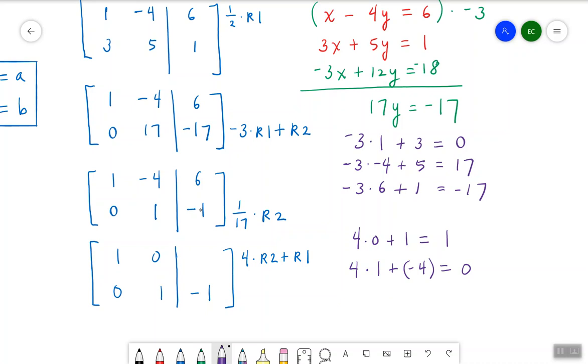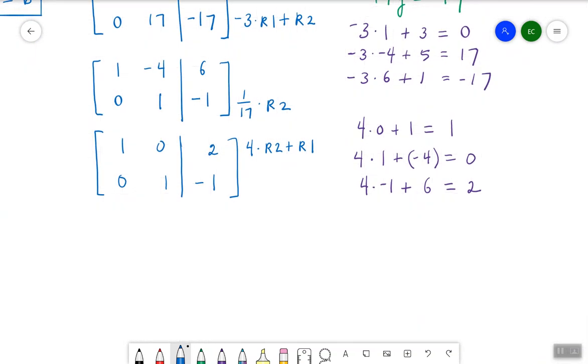And so then we need to do it one more time. We need to do 4 times row 2 plus row 1. In this third column now, 4 times the entry in row 2 plus the entry in row 1 is going to be -4 plus 6, which is 2. And so there we have our diagonal form, and we can go ahead and write our answer.